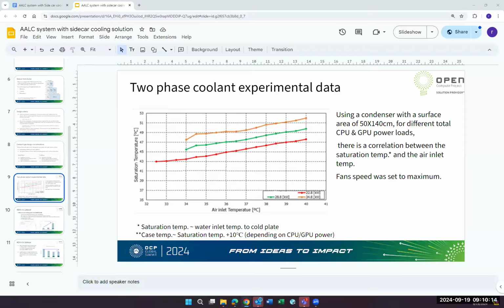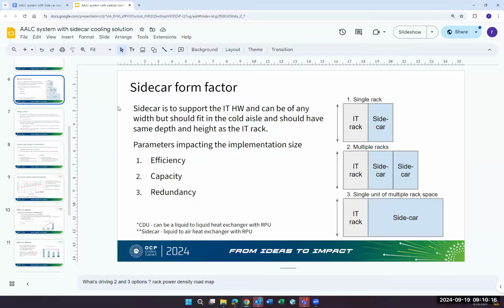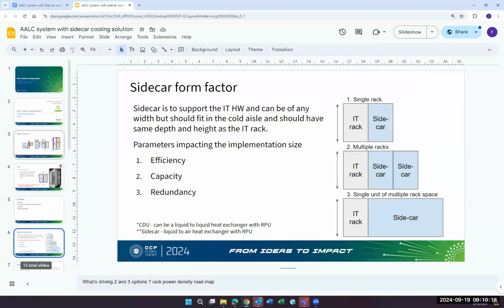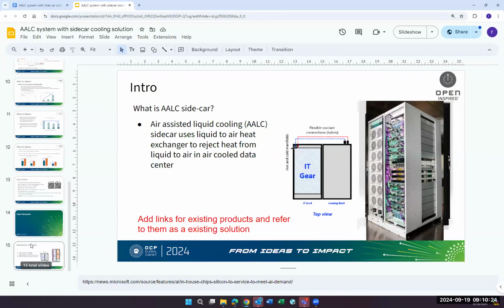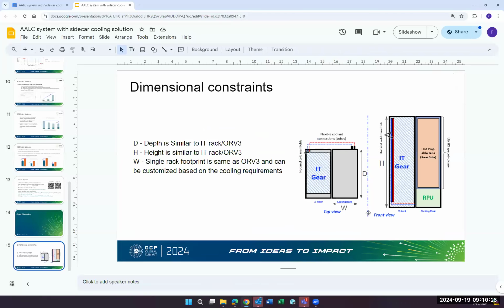So what you meant is these dimensions, the height, width, and depth. Yeah. So they are similar to an IT rack.